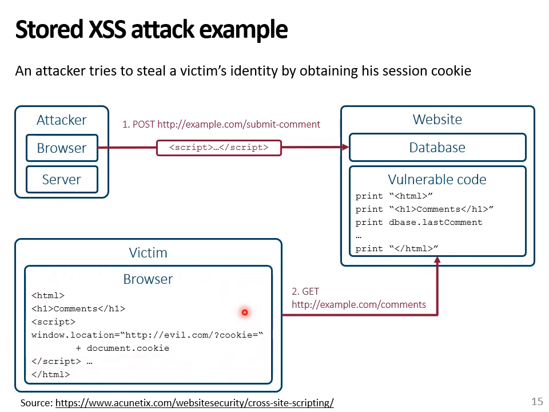As you can see here, the script is embedded into the HTML and will retrieve the user's session cookie and send it to the attacker's web server using an HTTP URL parameter.